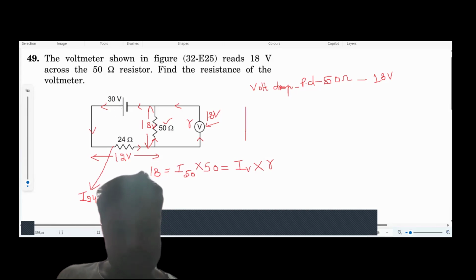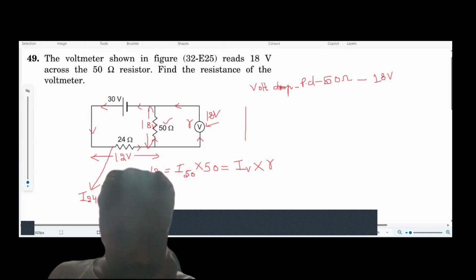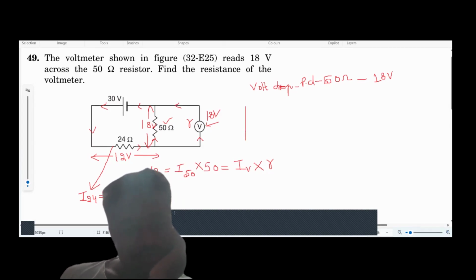Whatever the total current delivered from the source first flows through the 24 ohm. That is going to be divided between the 50 ohm resistor and the voltmeter, right? So the total current is 0.5 amp, and it is going to be divided between the 50 ohm resistor and the voltmeter resistance.